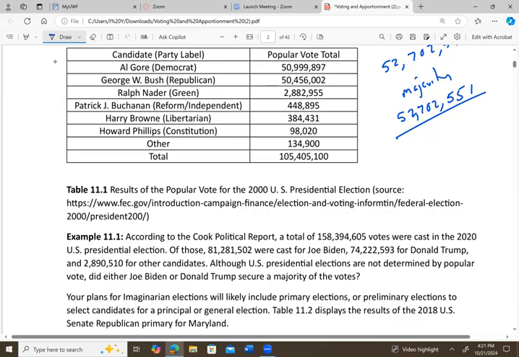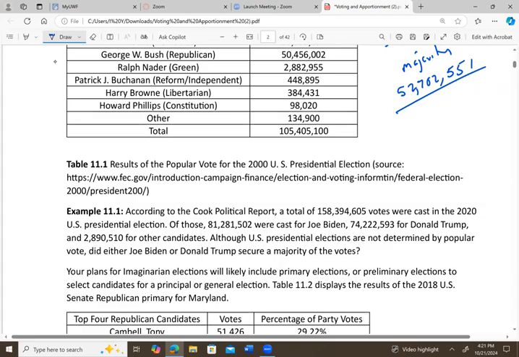Now, looking at our next example, according to the Cook Political Report, a total of 158,394,605 votes were cast in the 2020 U.S. presidential election. Of these, 81,281,502 were cast for Joe Biden, 74,222,593 for Donald Trump, and 2,890,510 for other candidates.